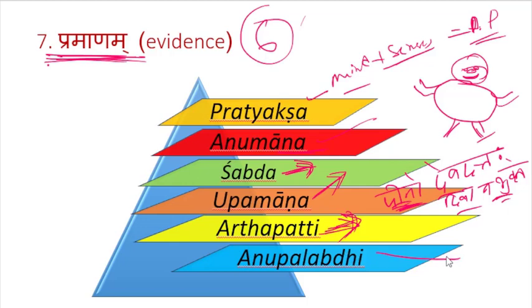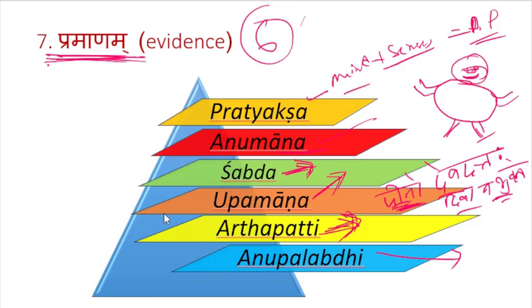And Anupalabdhi. Anupalabdhi means na upalabdhi. Which samasa does it come under? Rahul, which samasa? Na Tatpurusha, sir. Yes, Na Tatpurusha. So anupalabdhi, na upalabdhi: that which you cannot realize.